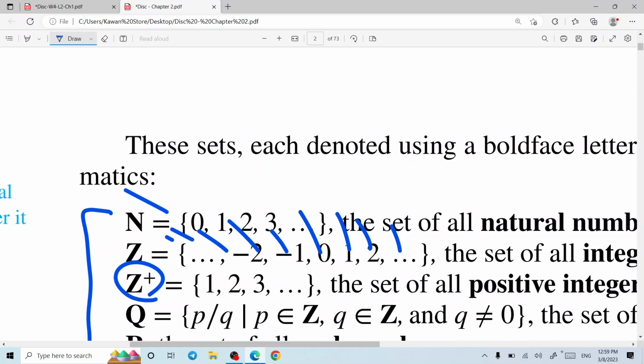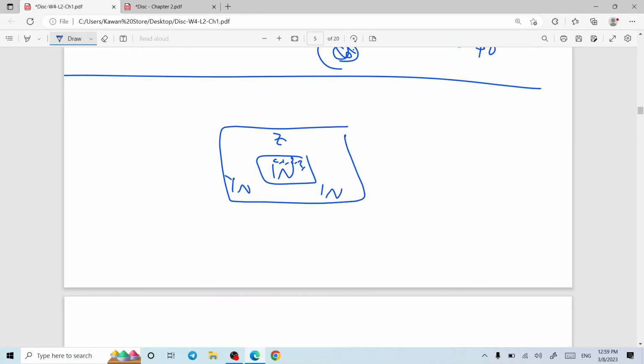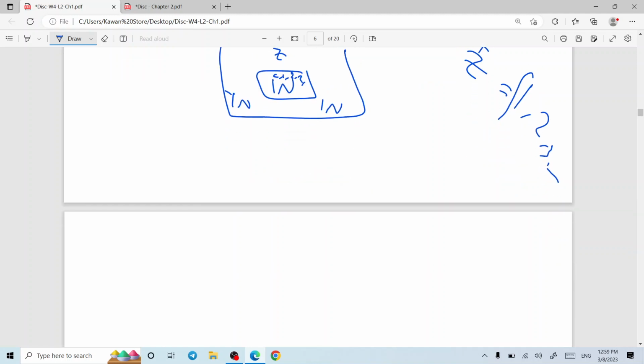That's the distinction between Z and natural numbers. Z positive is 1, 2, 3. They exclude 0. So when you see in a book, for example, N belongs to Z positive, 0 is not included, because some books put it this way.